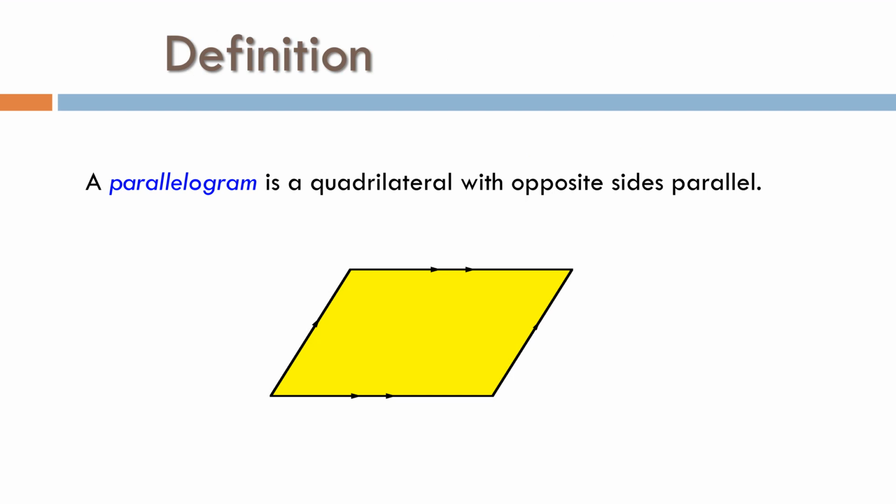Let's go back to the picture and label these angles for discussion purposes. Danny, you said that angles 1 and 2 are equal to each other, and angles 3 and 4 are equal to each other.